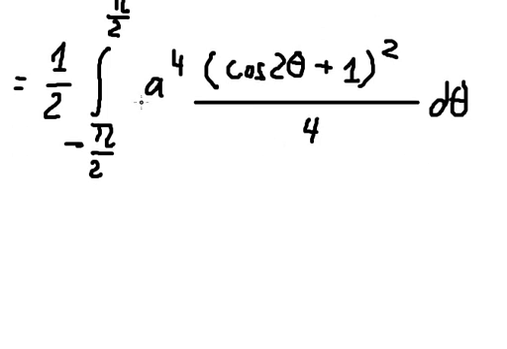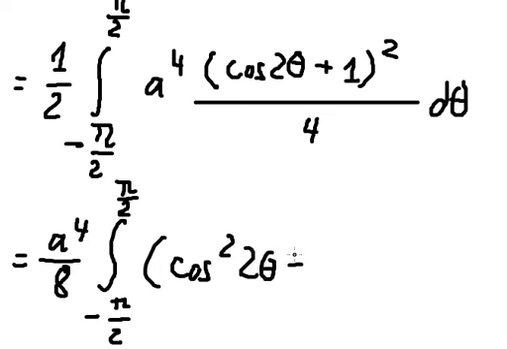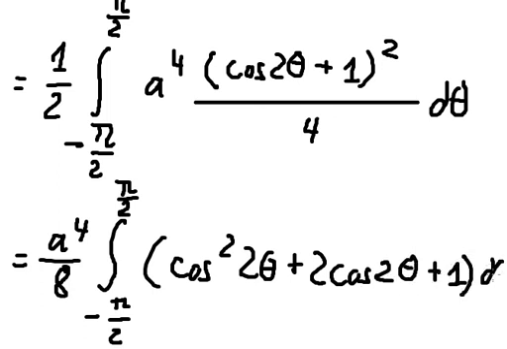Number 4 and a to the power of 4 we put outside. This one we have cosine 2 theta squared plus number 2 cosine 2 theta plus 1, and we have d theta.